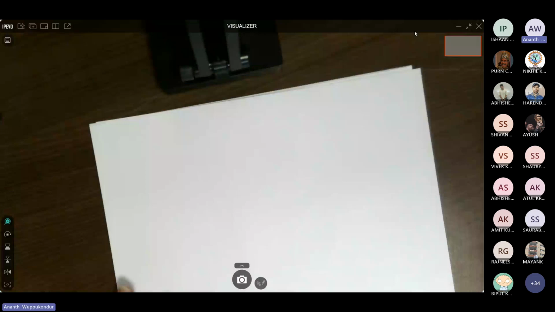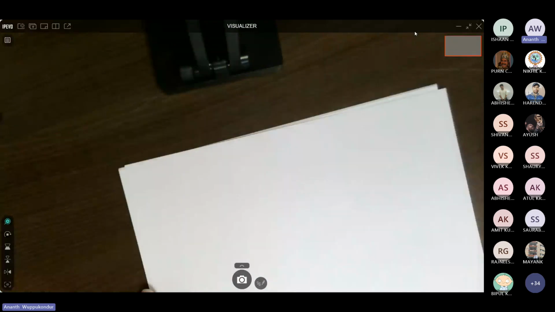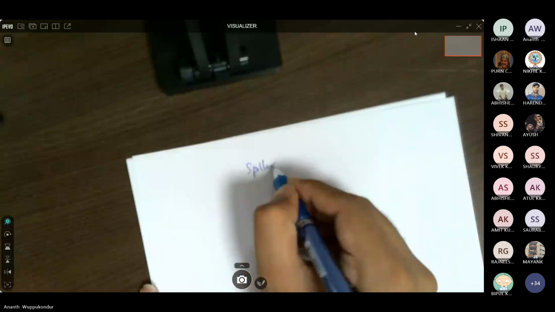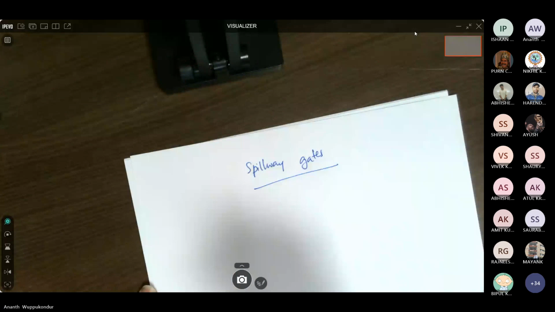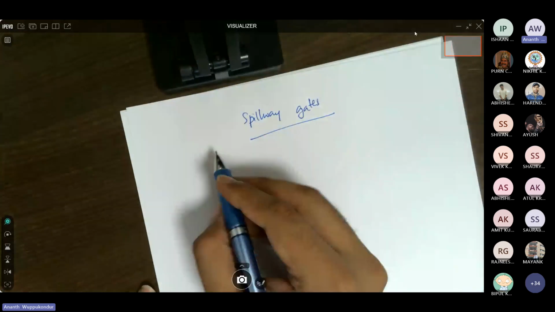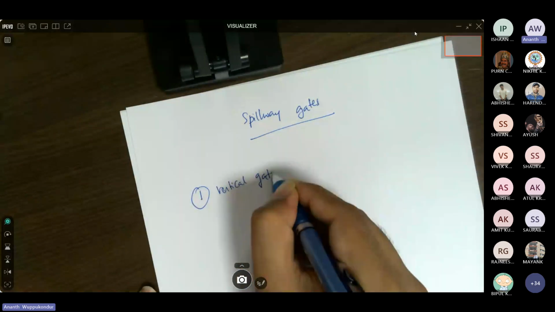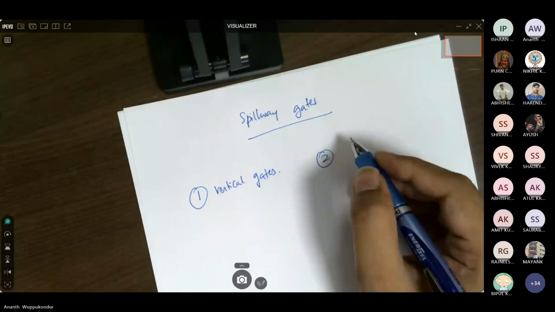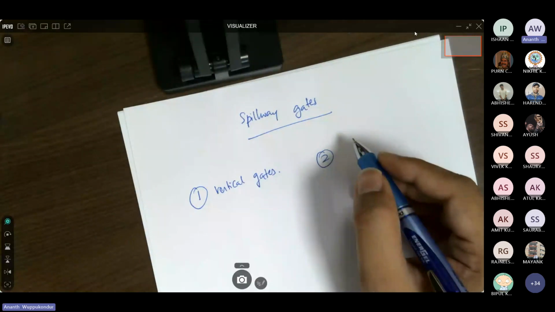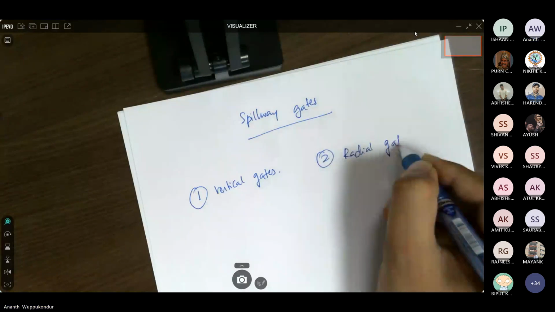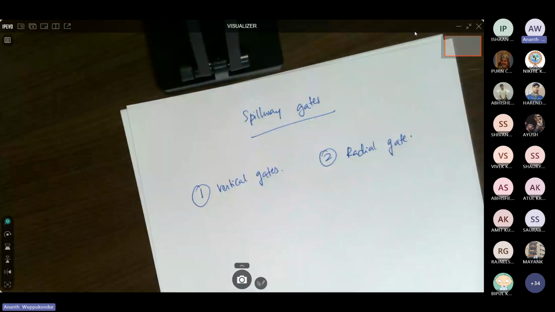And the last topic we are going to see is spillway gates. In terms of spillway gates, one, there could be vertical gates, and two, there could be a radial gate. You can see both of them here.